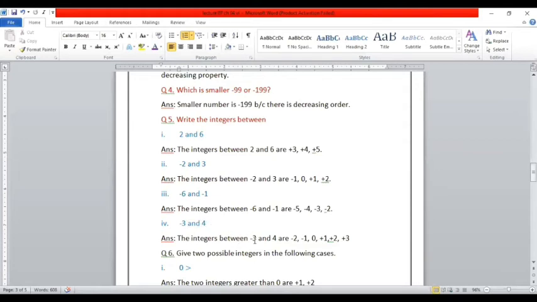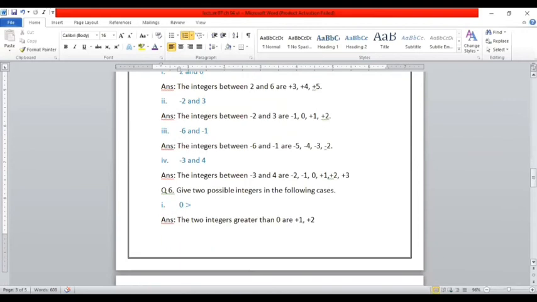The integers between minus 3 and 4 are minus 2, comma, minus 1, comma, 0, comma, plus 1, comma, plus 2, comma, plus 3.